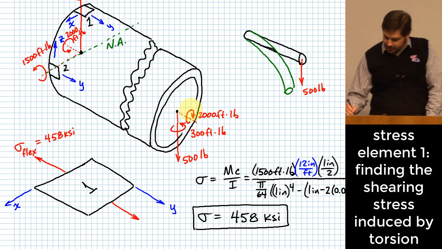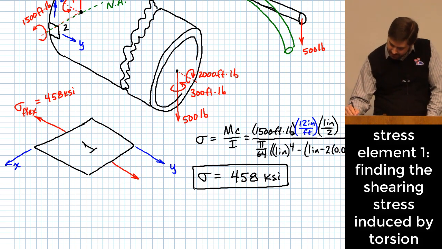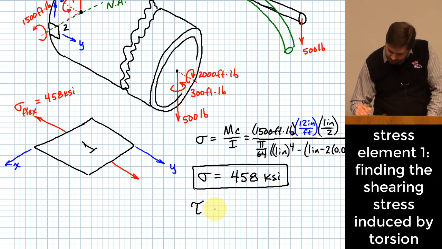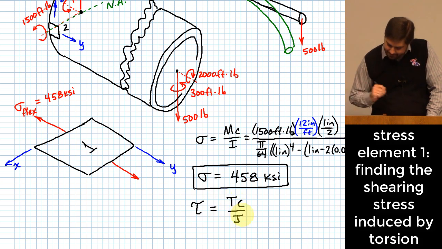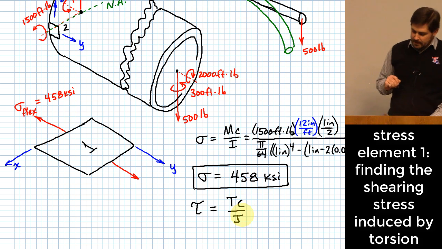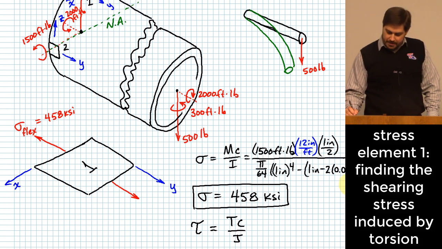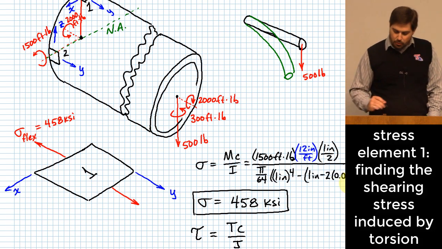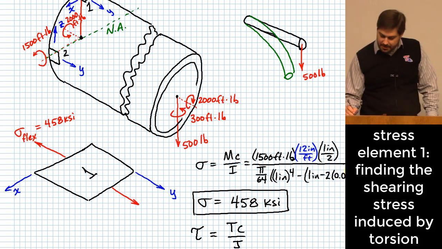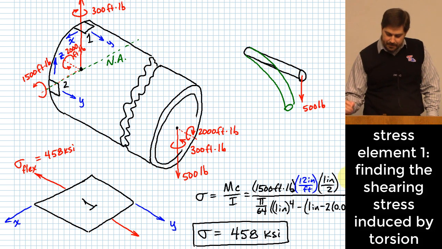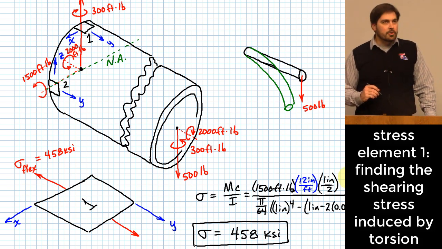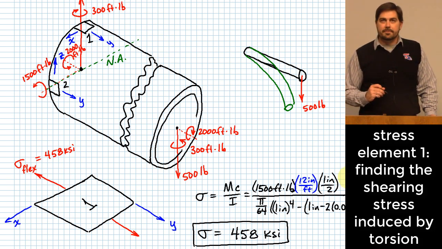TC over J, I heard someone say. So that's what we're going for. Stress is equal to TC over J. Let me ask this question before we go too far on this point. What direction, if I was to draw this shearing stress that's caused in patch 1 due to this torsion effect, what direction should I draw that on this patch?